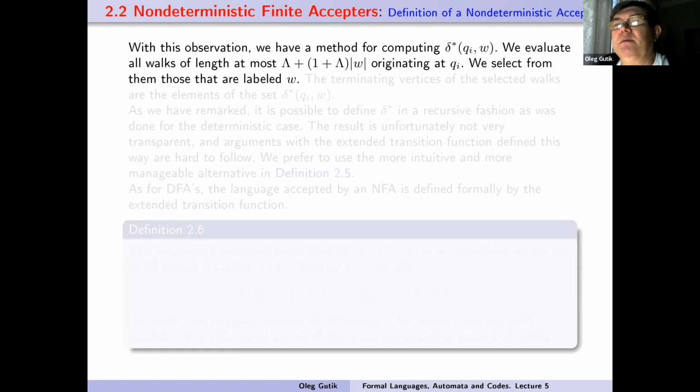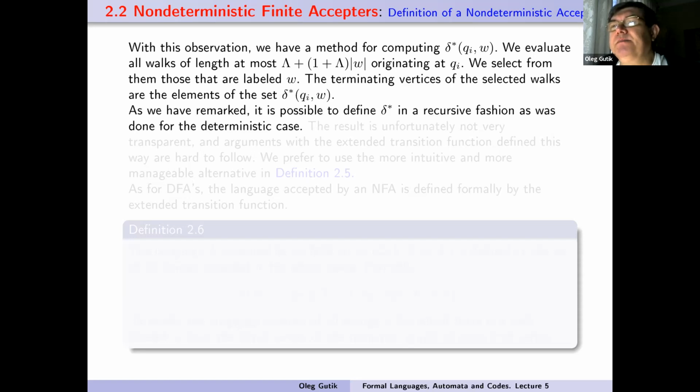We select from them those that are labeled by the string w. The terminating vertices of the selected walks are the elements of the set delta star of Q_i, w.